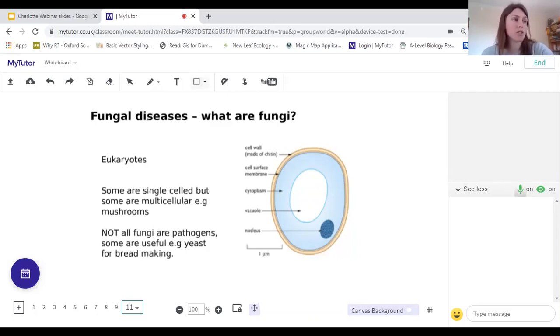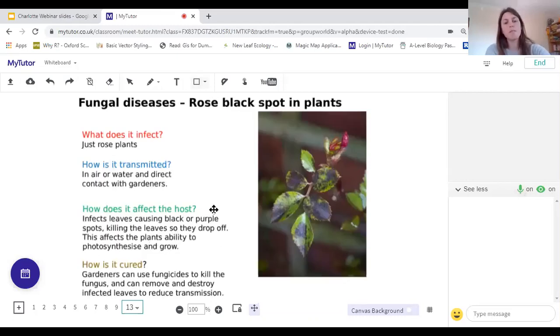How does a plant get rose black spots? So it would get, let's move to that slide. So it can get rose black spot fungus by, so the fungus can travel by air or water.